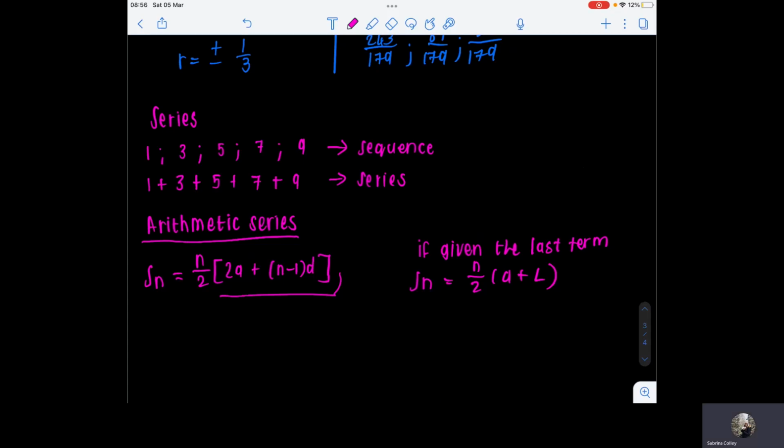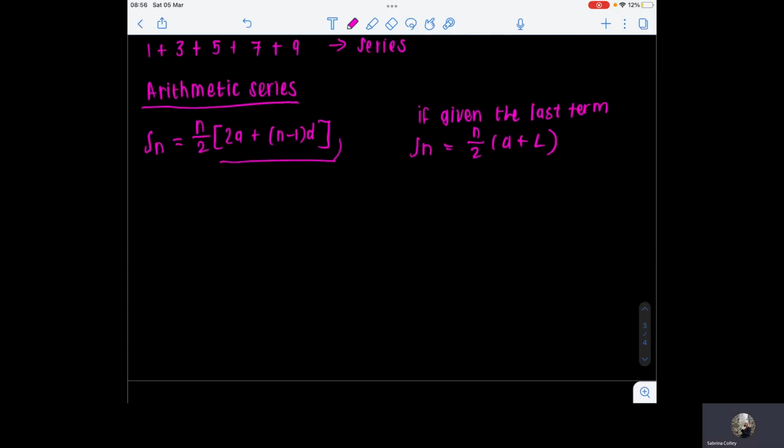Okay, then if I look at my geometric series, we would use it if there's a geometric sequence that we know and we want to know, if we add all of them together, what is the sum?